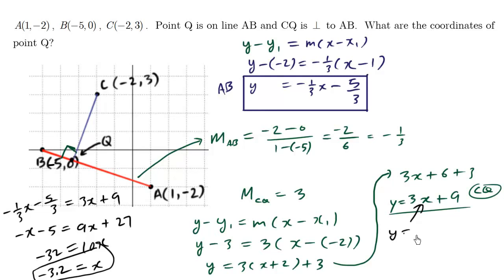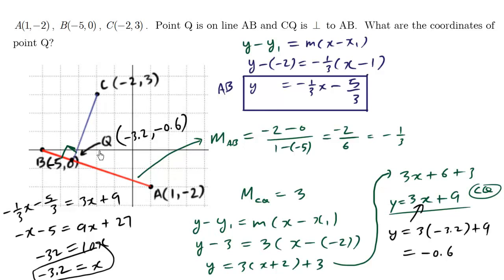So I'll say y equals 3 times negative 3.2 plus 9. Using our calculator, we get y is equal to negative 0.6. So our point Q is actually negative 3.2 for the x value, and the y value is negative 0.6. And when I visually inspect these numbers and the likelihood of it being true, it looks pretty right there.